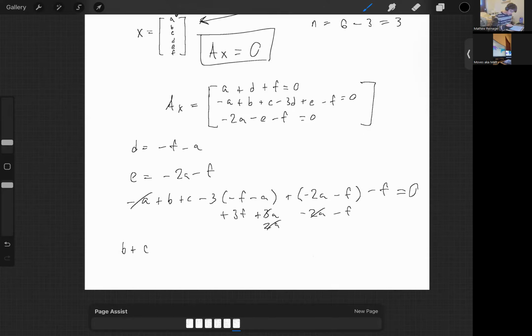If we go to E, we don't have E. Just making sure I'm going about this really slow. We have 3F. And we have minus F and minus F. So that turns us to 2F. That turns us into just F. But it should be plus F now.